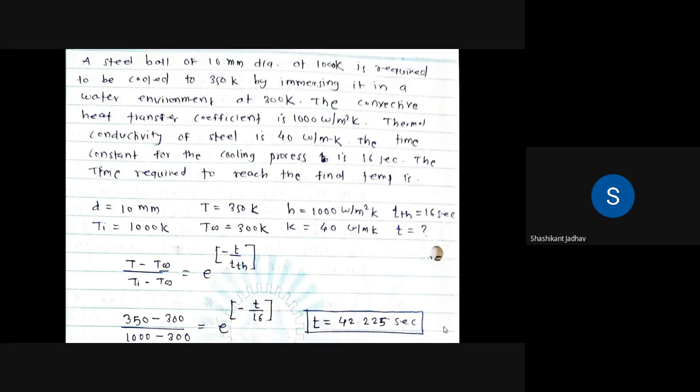First of all, we have to calculate the value of 350 minus 300 divided by 1000 minus 300. Then we take the log on both sides. Then log and e are opposite operations, so they cancel. So on the right hand side only minus t divided by 16 is there. And from that we get the value of small t, that is 42.22 seconds.